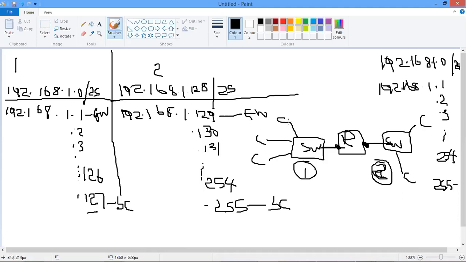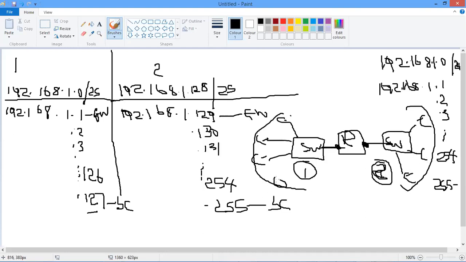So I can start giving IP addresses here. Maybe here I can take .2, this one can take .3, .4, till I have a possibility of using till 126 on this network. Then on this other network, since I've given 129 here, I can have 130 for this one, 131 for this one, 132 for this one, and the rest.